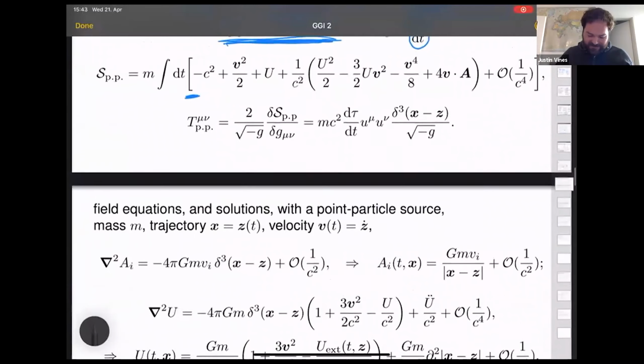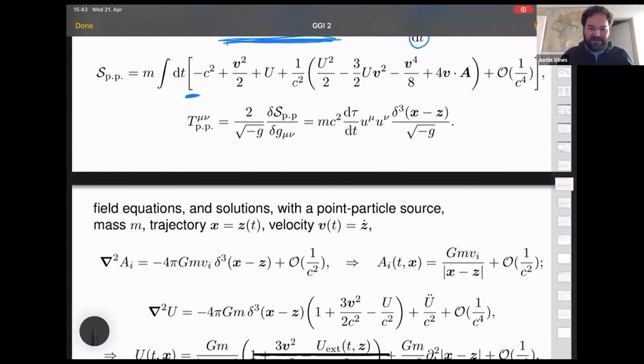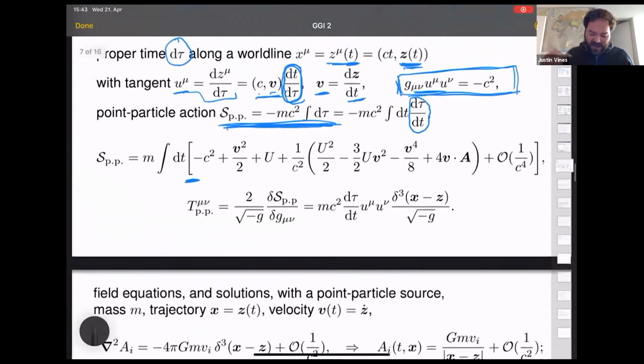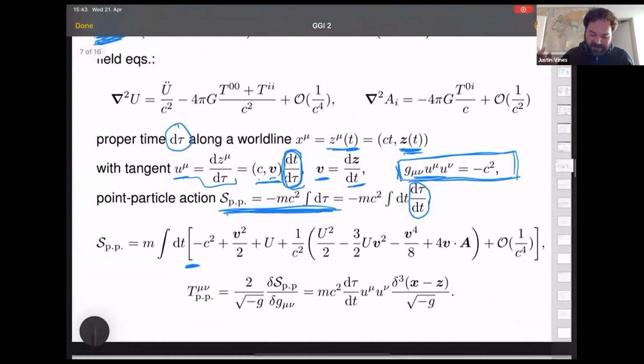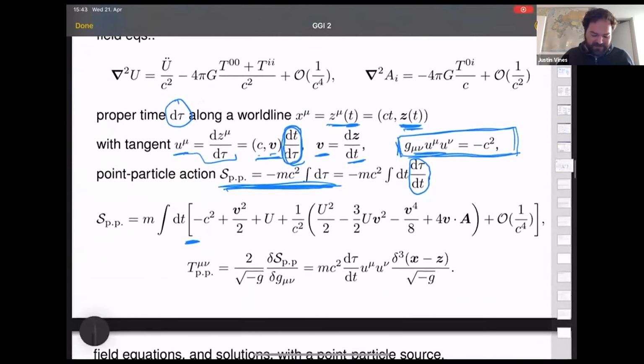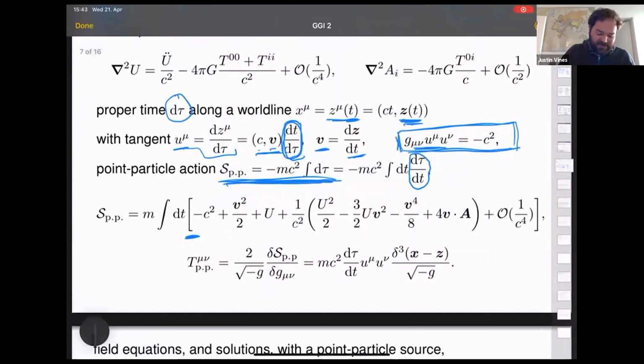I think, in fact, probably most people here don't have any problem with this at all: to treat a mass as a point particle with a world line and use this kind of distributional source for Einstein's equations. Let's just say it works to a surprising extent. And it definitely works very well at this first post-Newtonian level.